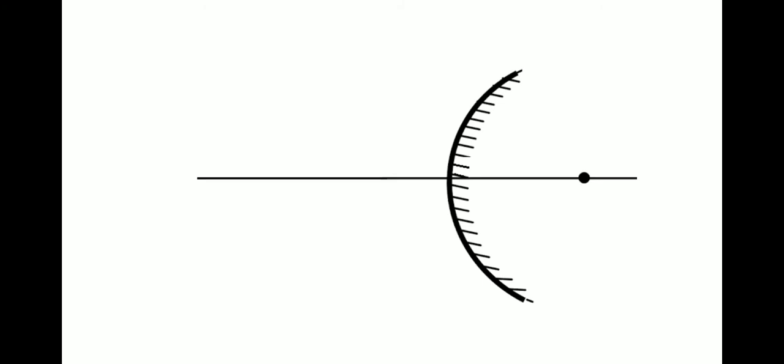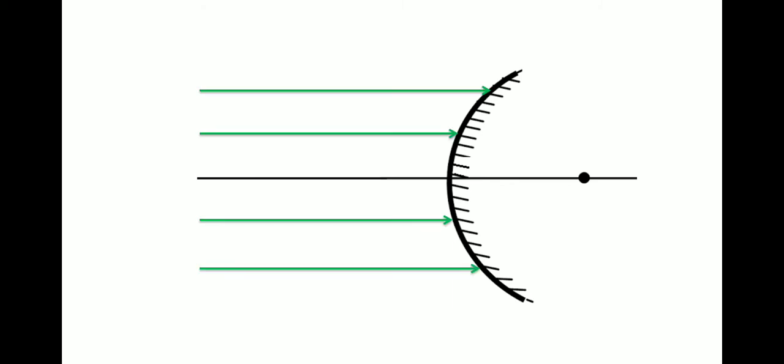Now if we take a convex mirror, and similarly the rays of light which are parallel to the principal axis are incident on the surface of the mirror, then simply following the laws of reflection, the lights will get reflected this way.